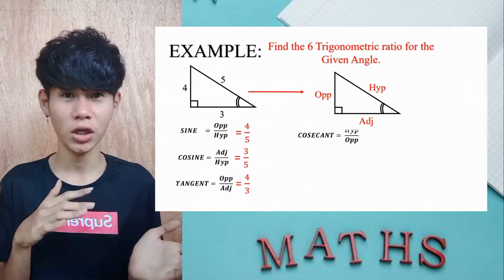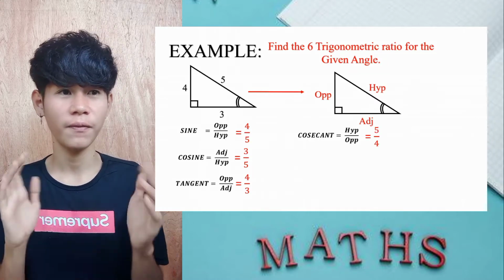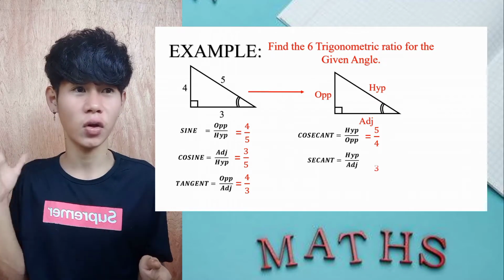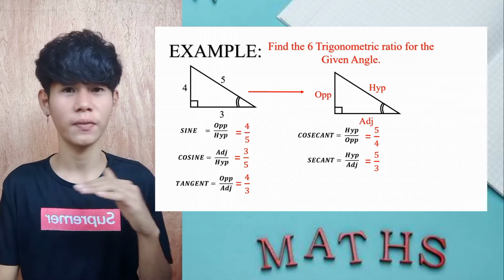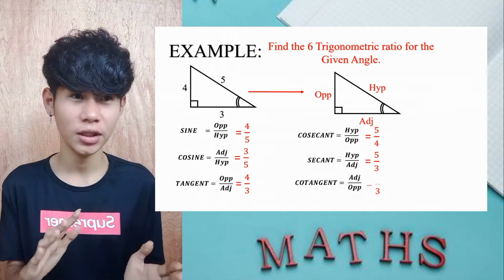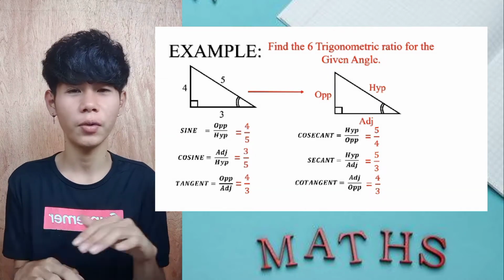Then the inverses: the cosecant, hypotenuse over opposite, is 5 over 4, just the inverse of sine. The inverse of cosine is the secant, hypotenuse over adjacent, so that will be 5 over 3. The last one is the cotangent, the inverse of tangent, adjacent over opposite, which is 3 over 4.